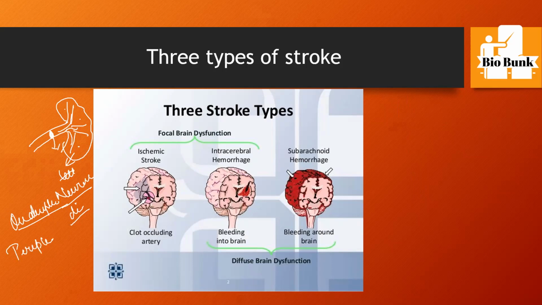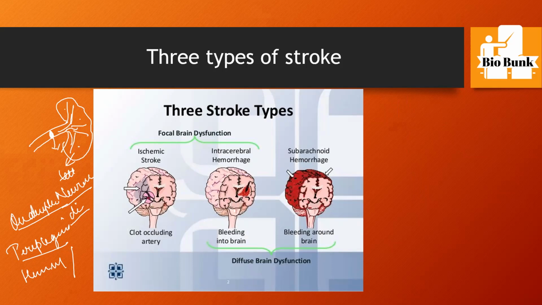Paraplegia, when the lower half of the body is paralyzed, and hemiplegia is when either the right half or the left half of the body is paralyzed. So any kind of stroke may lead to paraplegia, hemiplegia or quadriplegia; it just depends upon the site of the lesion, right?